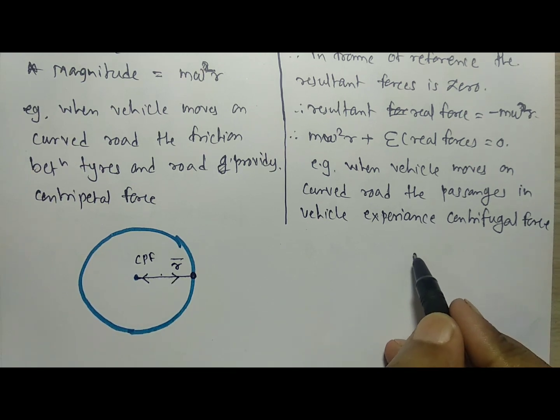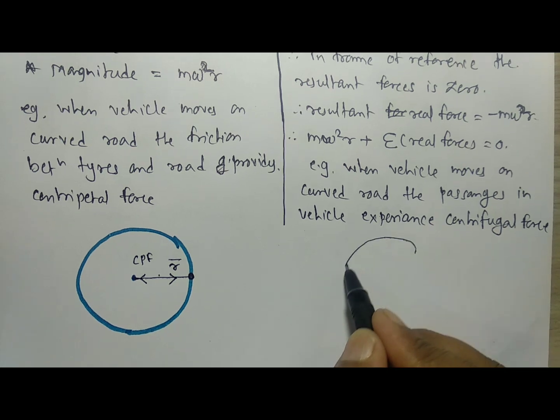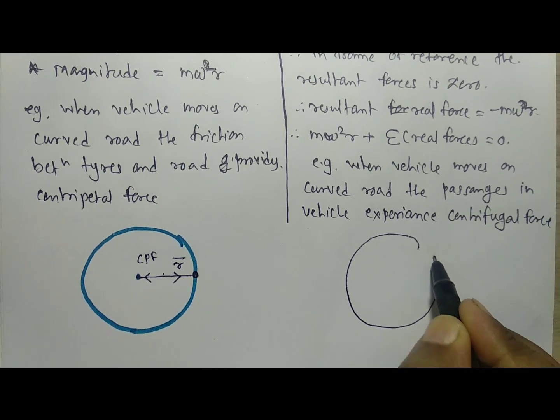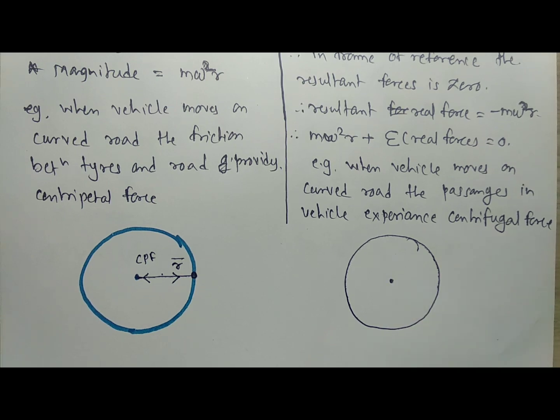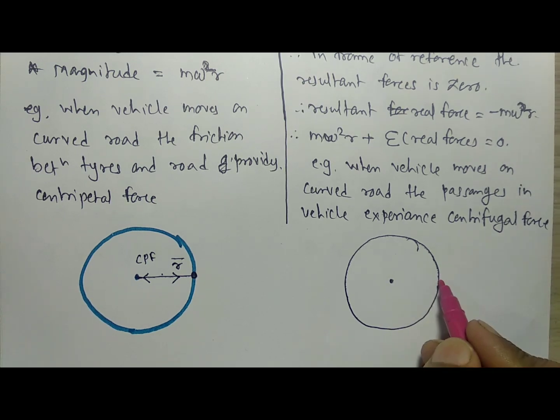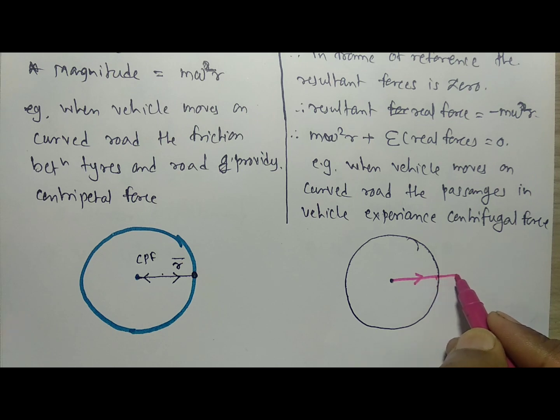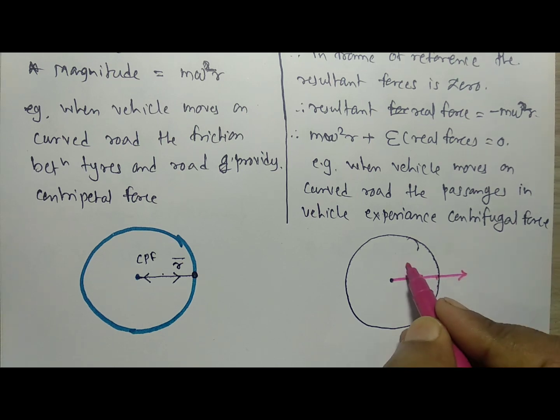Same consideration here: this is a circular motion, the center is here, and the position of the particle is here. This is the radius vector, and the centrifugal force is also in this direction, that means along r bar.